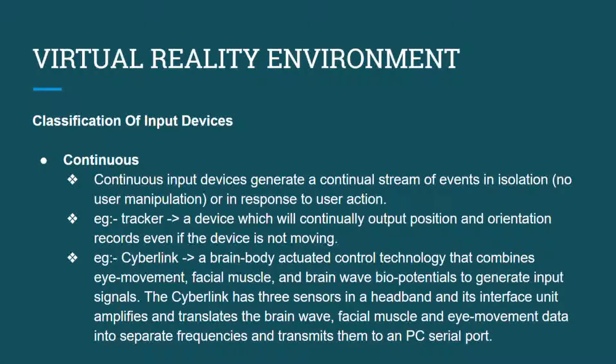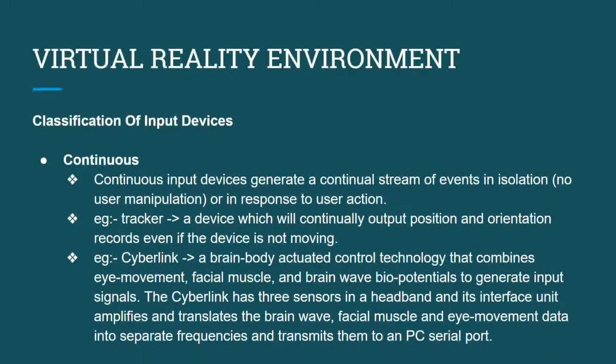Second one is continuous. As the name suggests, here there will be a continuous stream of events in isolation or in response to a user action. These inputs can be generated either by the user or automatically. One example is the tracker. I don't know if anyone has seen those old mice where they have the ball at the back. Those are the trackers.